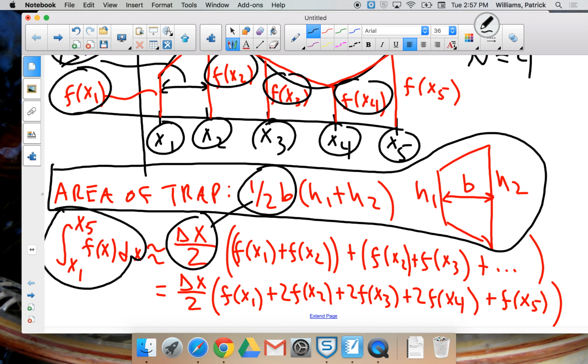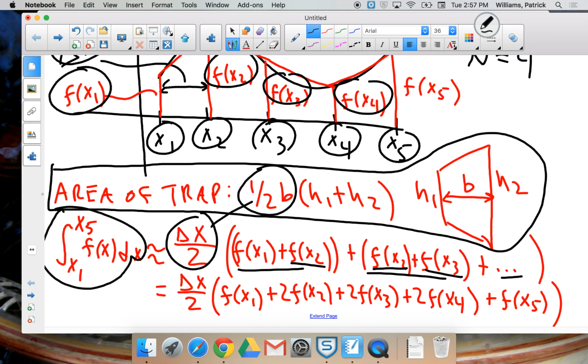But since every single trapezoid has the exact same base, we can just pull that on the outside, and then we just apply our trapezoid formula as many times as we need to. If we do this, what we notice is that f of x2 occurs twice. F of x3 occurs twice. Every single f of x value will occur twice in that formula, except for the two outers.